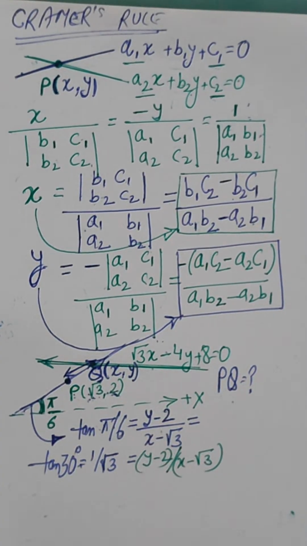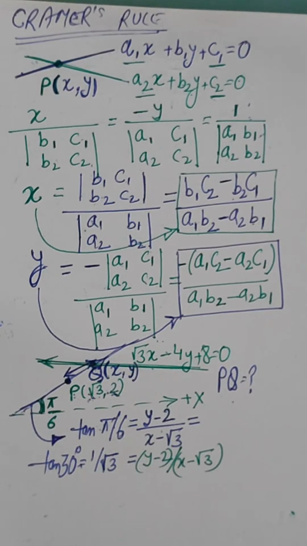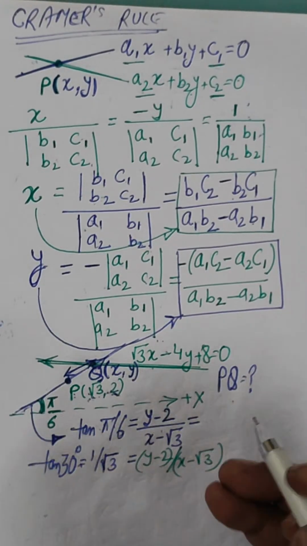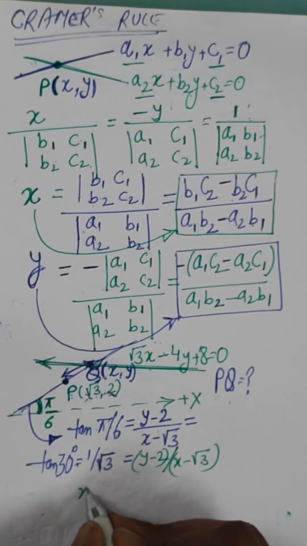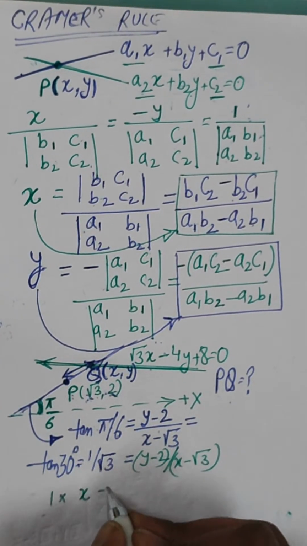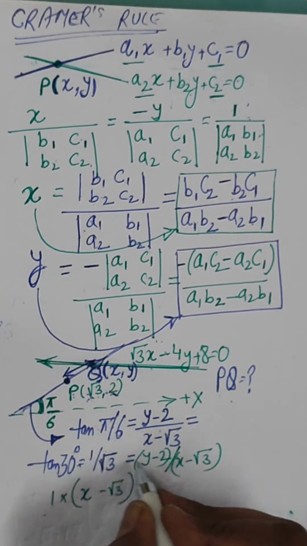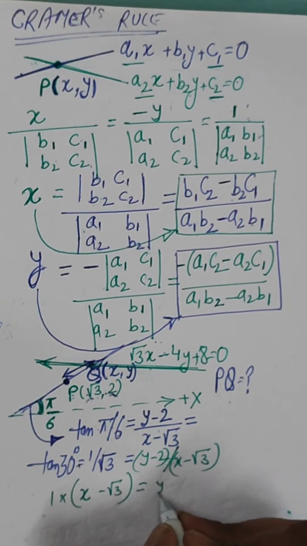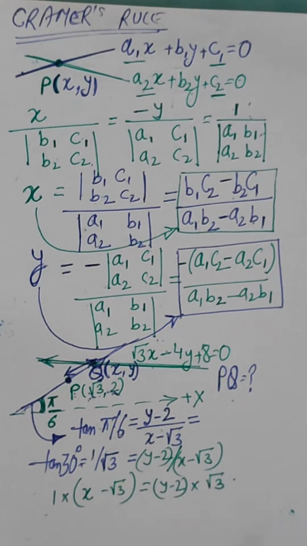So this will give you, so I am just evaluating it. So this will be 1 into x minus root 3 is equal to y minus 2 times root 3, right?